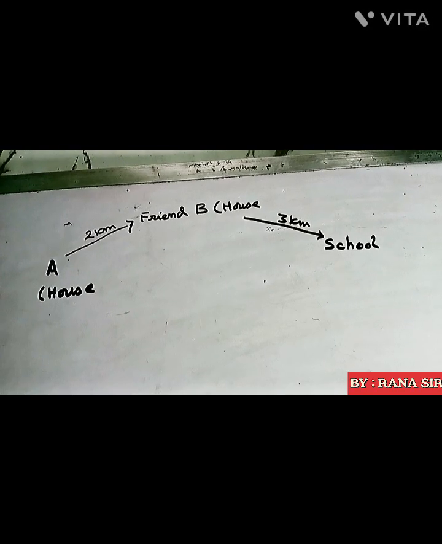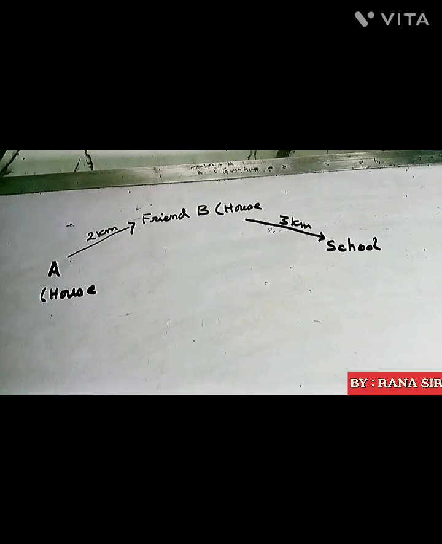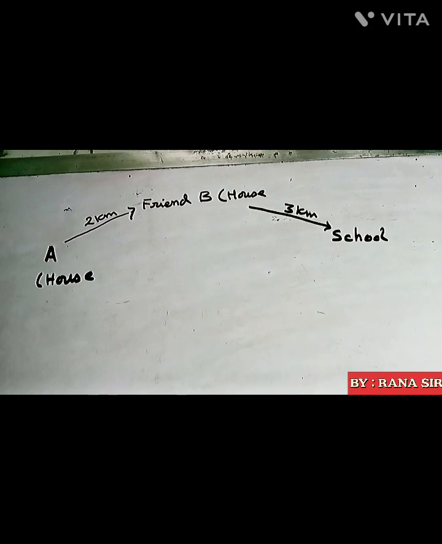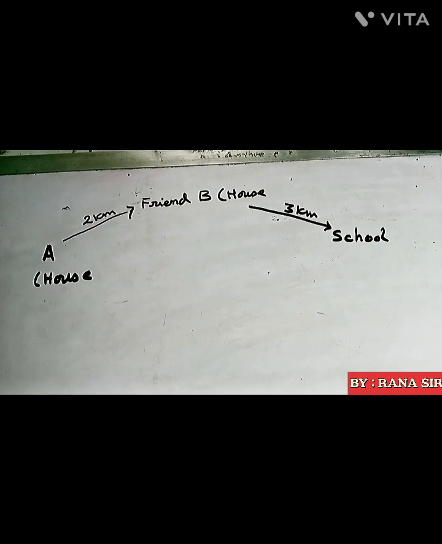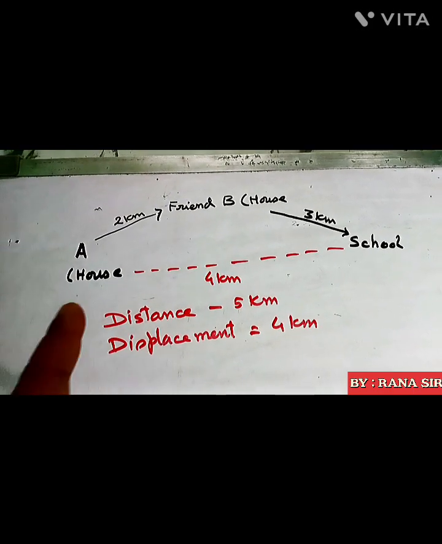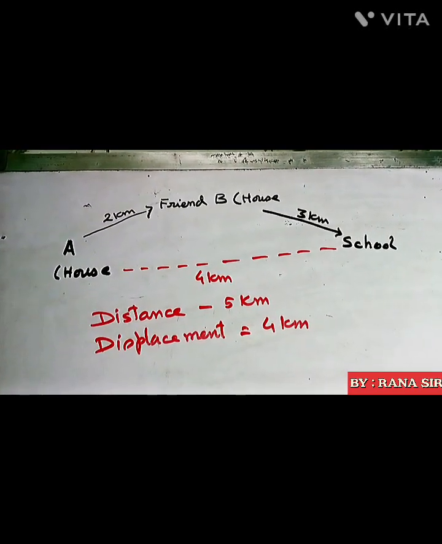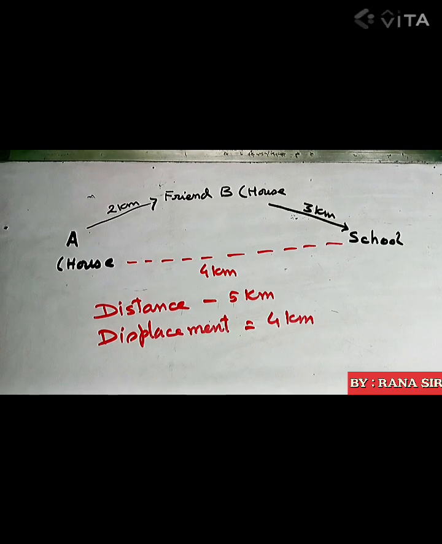So what is the total distance? It is 2 kilometers plus 3 kilometers, 5 kilometers. Are distance and displacement the same here? The answer is no. The shortest distance from house to school is 4 kilometers. So here the distance is 5 kilometers but the displacement is 4 kilometers.